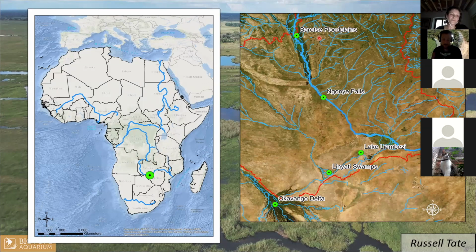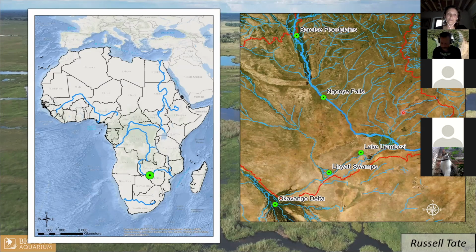That's the area classified as the upper Zambezi. The upper Zambezi has a separate fish fauna to the lower Zambezi. So the fish community downstream of the Victoria Falls is largely different to the fish found upstream of the falls. So very interesting area.